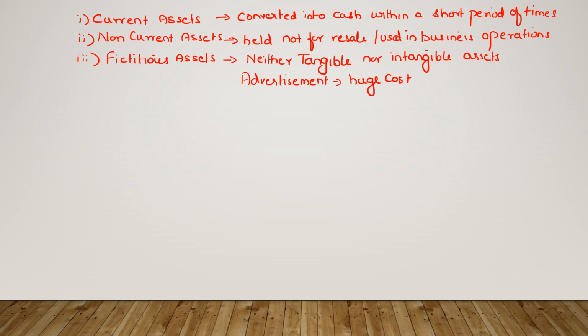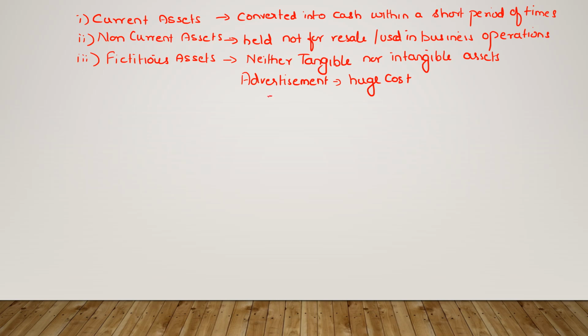You advertise your new product now heavily. You are going to create a customer base which might be there for the next 3 to 5 years. So logically it would be correct that as a prudent person, you should write off this advertisement expenditure also over the next 3 to 5 years.